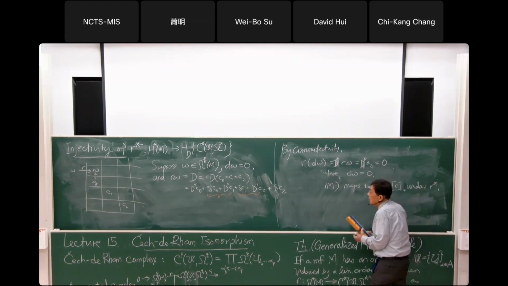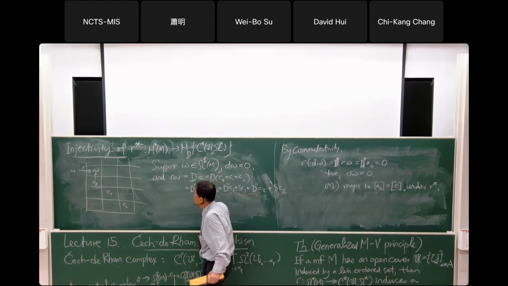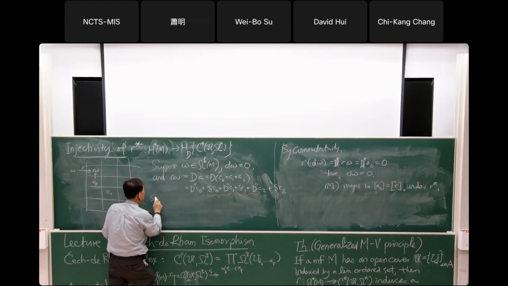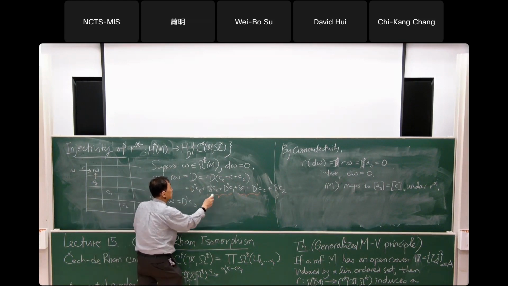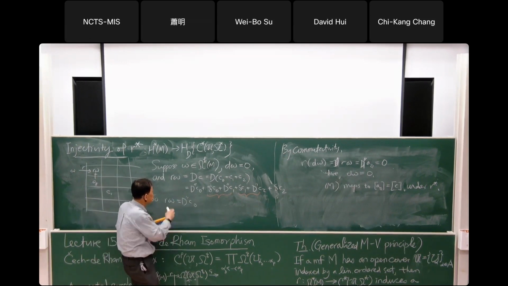That means R omega has to be d double prime C0. And these two have to add up to 0 because there's nothing else on the left-hand side.